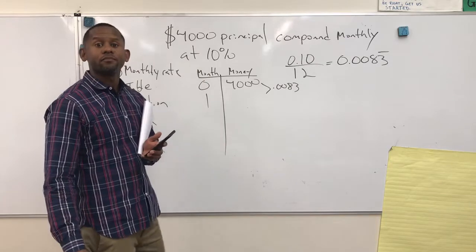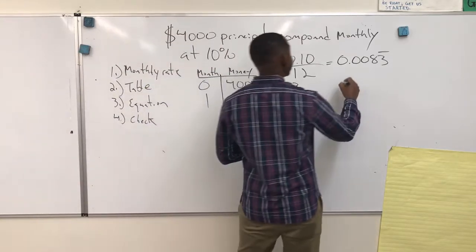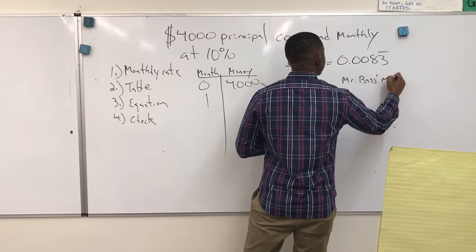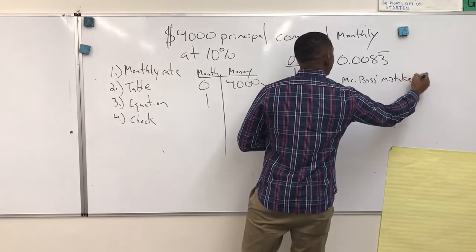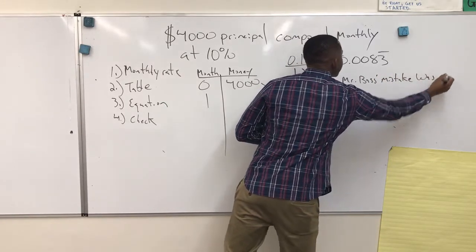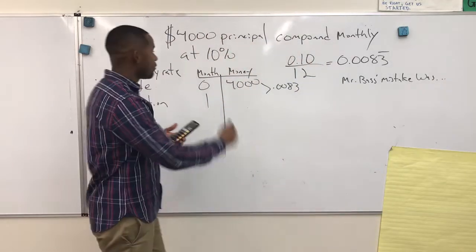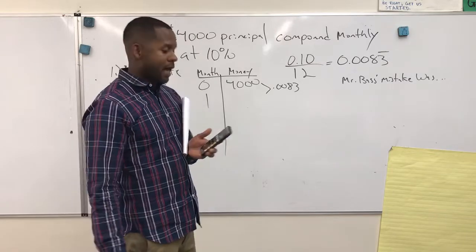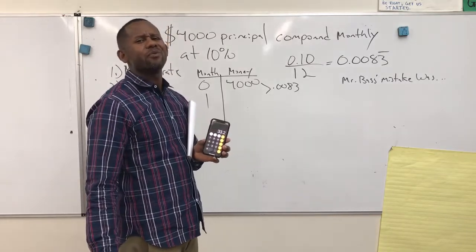Where's my mistake? I literally want you to write what Mr. Bass's mistake was, and fill in that sentence. I said, take 4,000 times 0.0083. Yeah, I knew right away. I got an answer of 33.2.